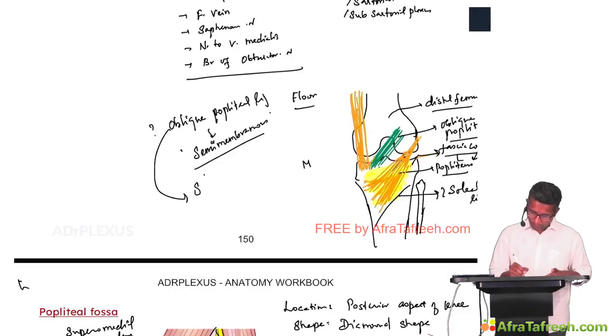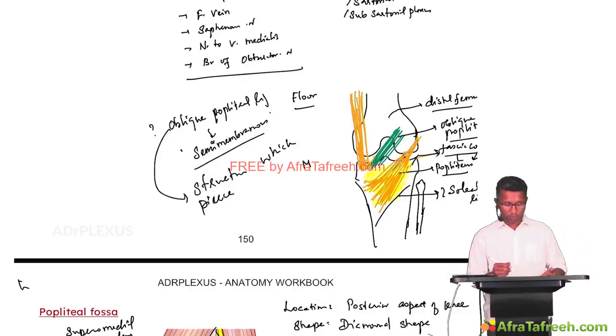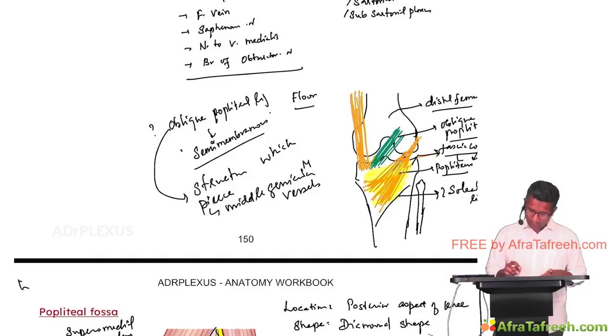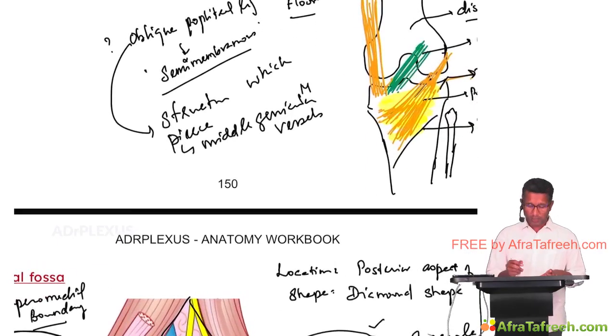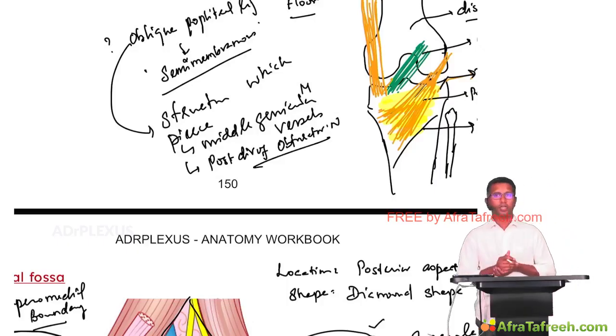The structures which pierce the oblique popliteal ligament are the middle genicular vessels and the posterior division of the obturator nerve. It is the posterior division of the obturator nerve.